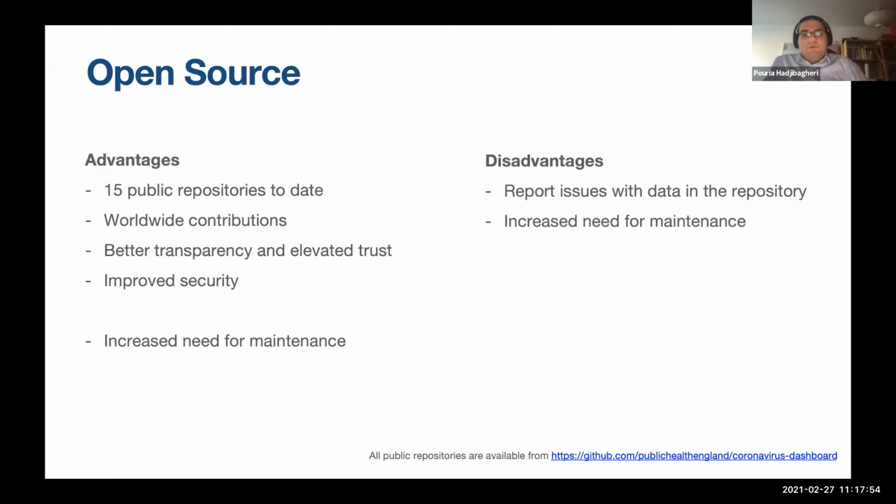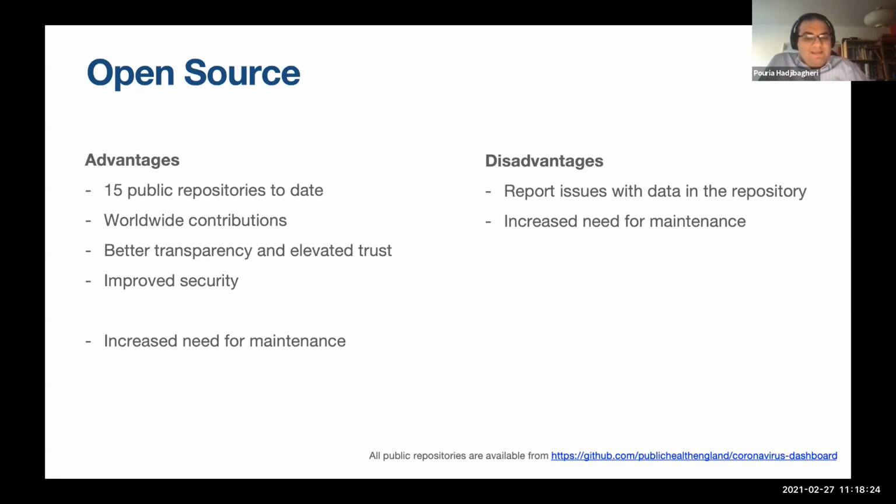And we also have our entire code base available in the public domain. It's entirely open source and available through 15 repositories. We have had collaborations on parts of our service from all over the world. It has been reviewed to death, really, by people who are very good at what they do.